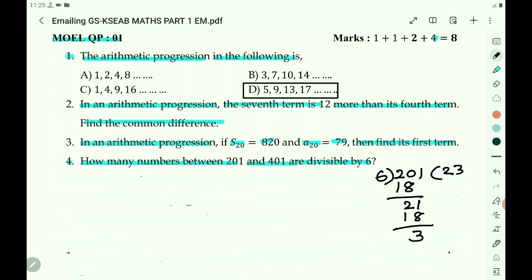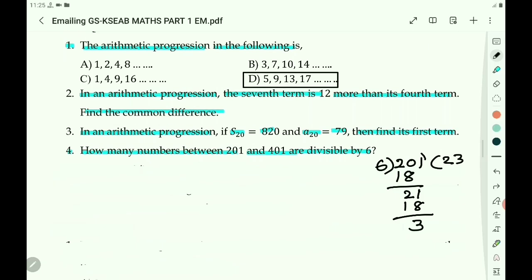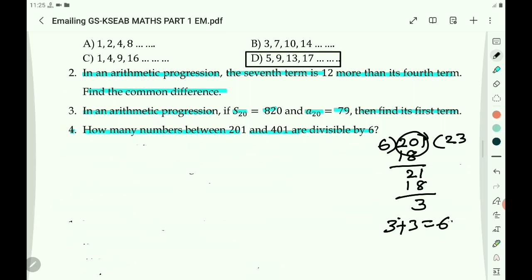So if 201 is divided by 6, what will be the remainder? 3. So add 3 to this number, that is 201. So here already 3 is there. To divide by 6, 6 must be there. You know that 3 plus 3 is equal to 6. So which is the first number divisible by 6?